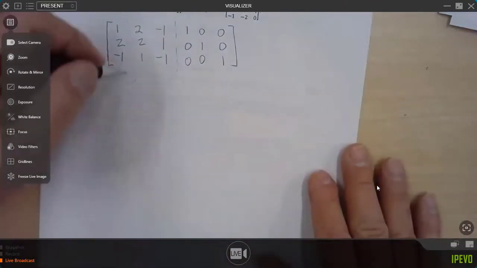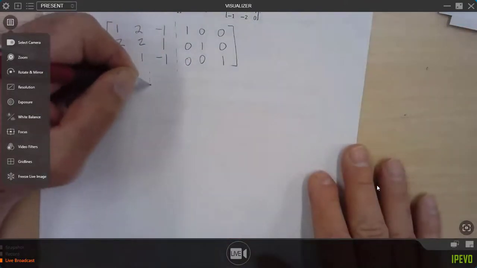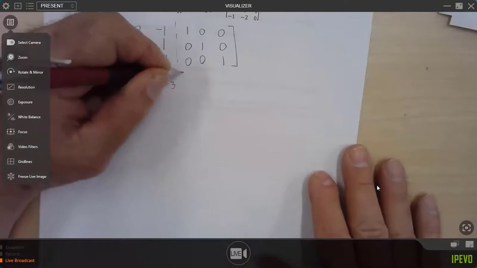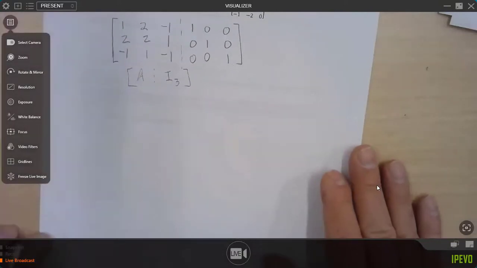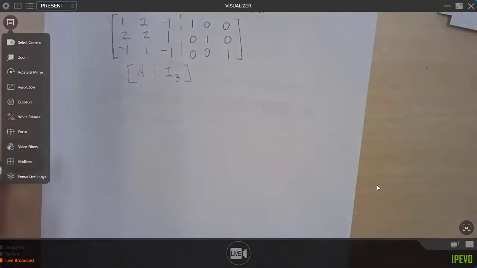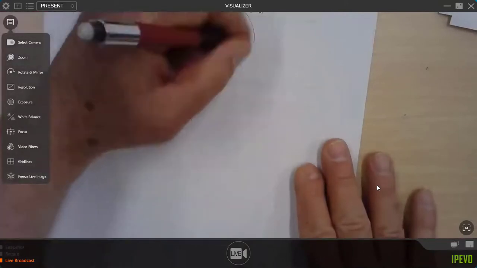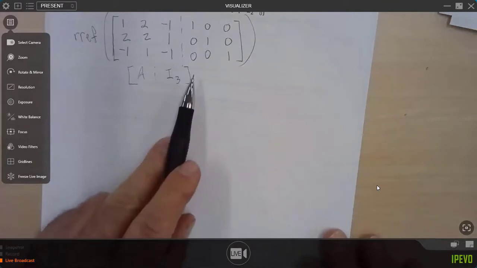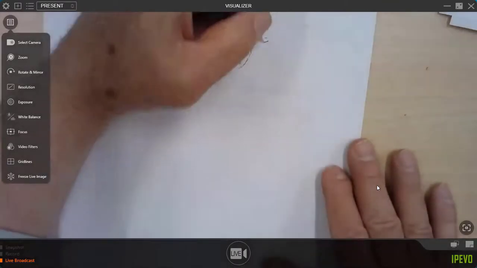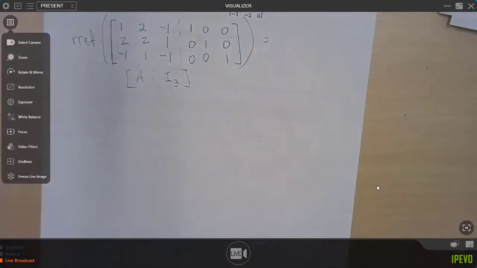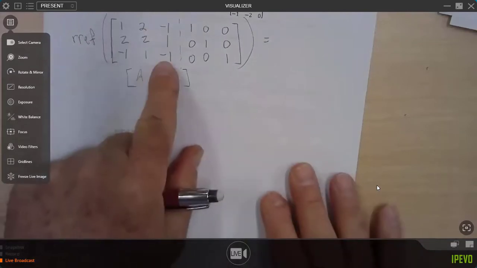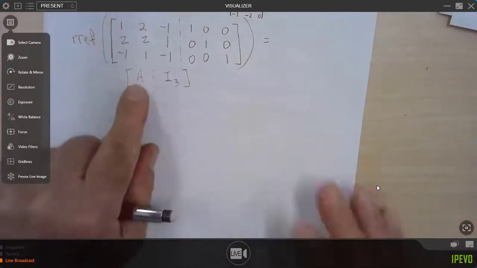So I actually have two matrices pasted together to make my new matrix. Then I compute the row reduced echelon form of this. And what will I get? Well, one of two things will happen. Number one, I could get one or more rows of zeros on the left-hand side.